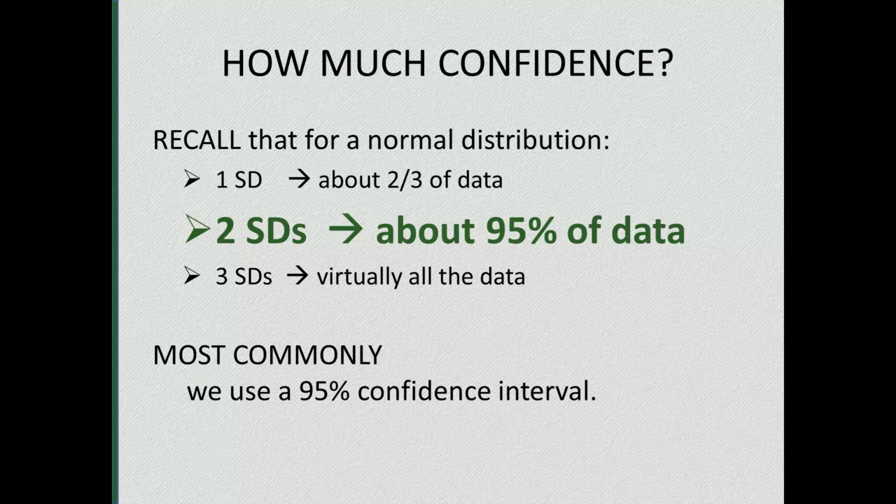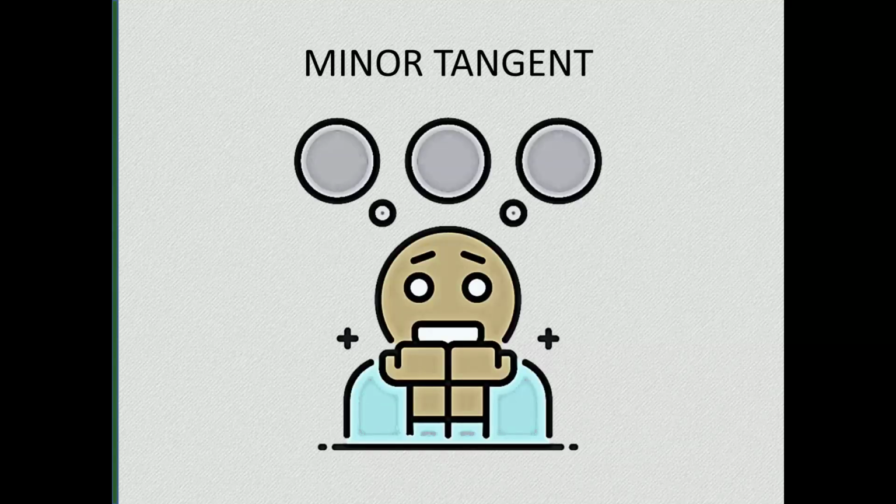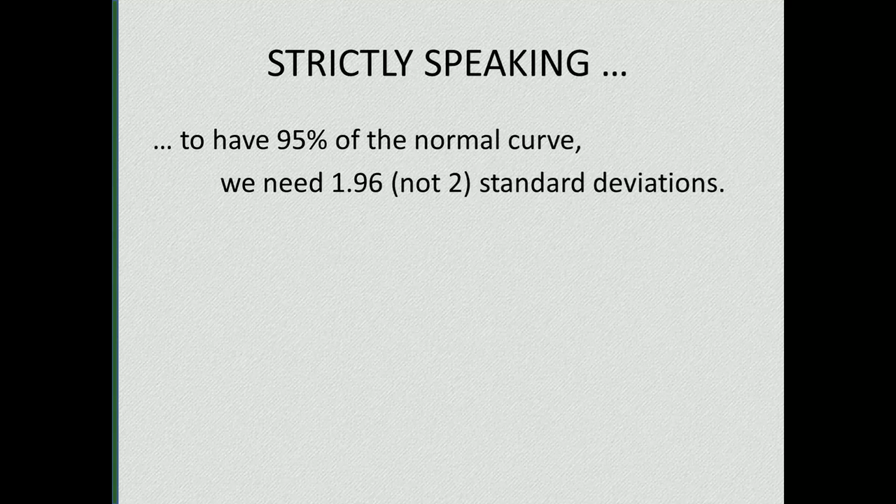At this point, I need to go on a slight tangent. You need to understand that statisticians as a group can be pretty OCD, anal retentive. Strictly speaking, it's not 2 standard deviations, it's 1.96 standard deviations. Where did that number come from, Dr. Asp? Good question, glad you asked it. Let's draw a picture.